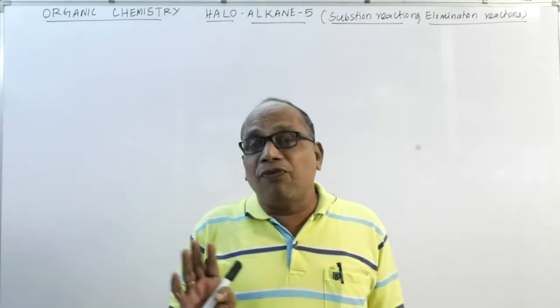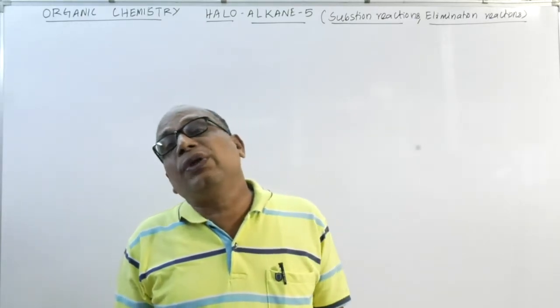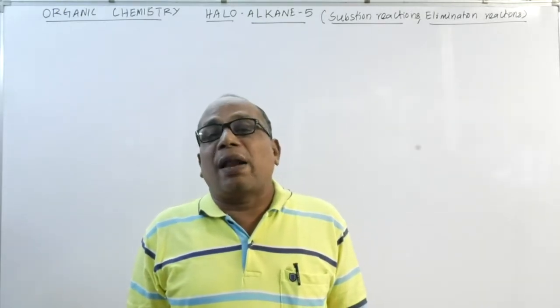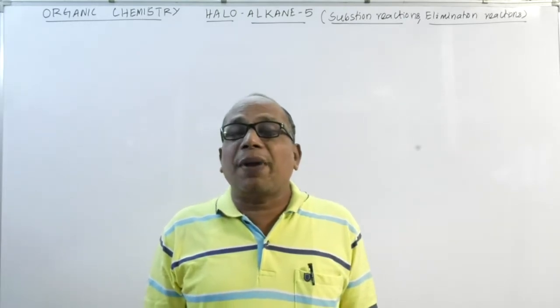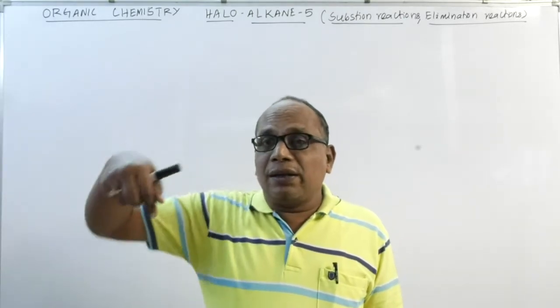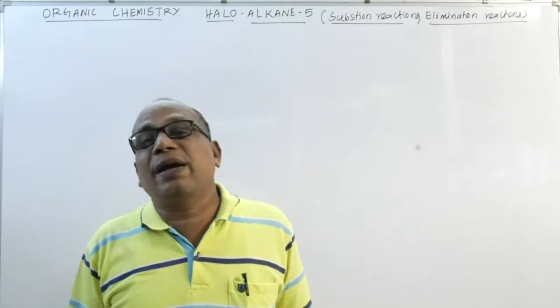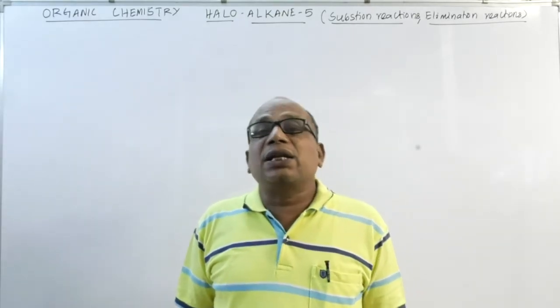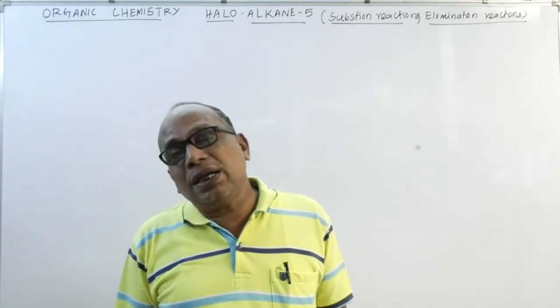The D and L forms form due to the attack of the nucleophile on the carbocation, which is trigonal planar, from above the plane as well as below the plane. That's why it can form 2 structures, one called the retention structure and the other the inversion structure.